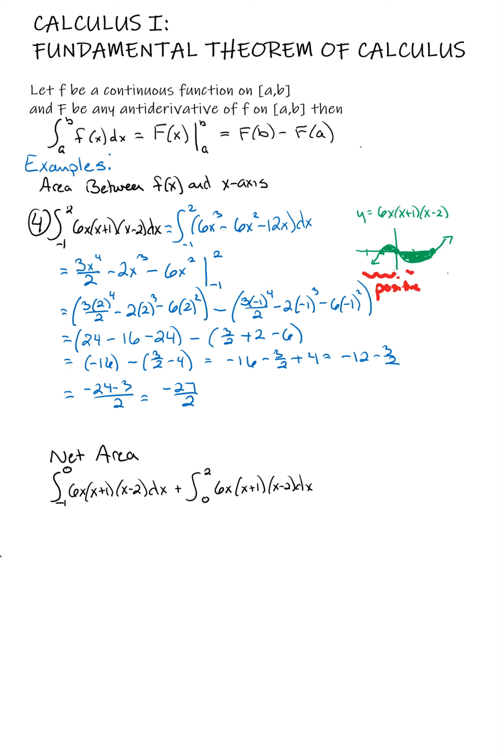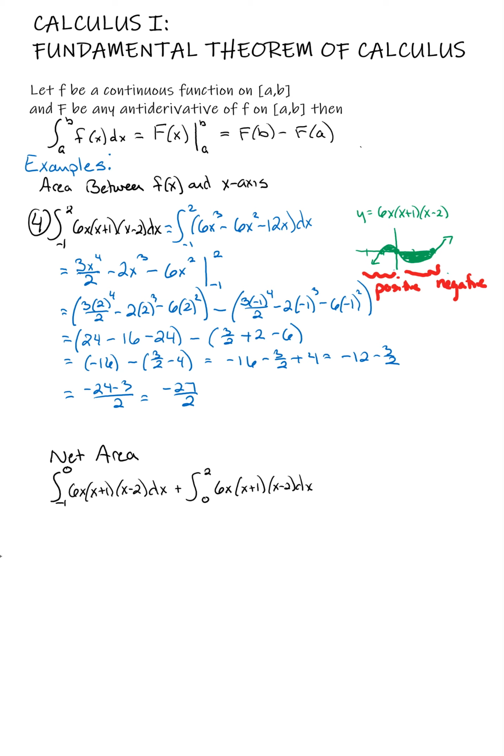However, from 0 to positive 2, this is a negative. From negative 1 to 0, it's above the x-axis, so it makes it positive. From 0 to 2, it's below the x-axis, and it's going to be negative. And you'll notice the negative portion is larger than the positive portion. That's why we end up with a negative for our area.